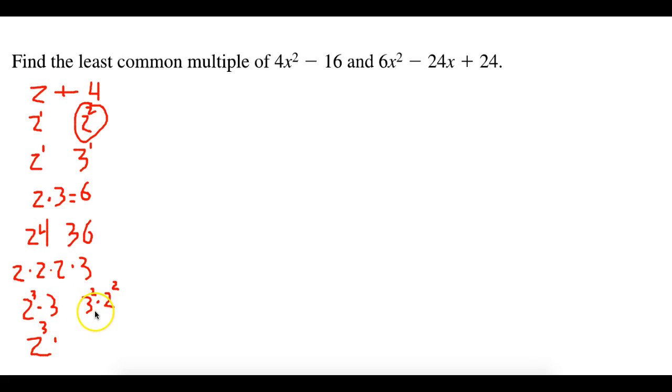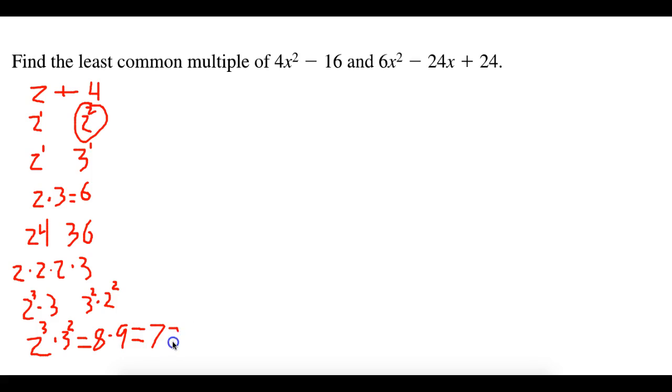We've got 3 to the first and 3 squared, so 3 squared is our highest exponent. Now we take 2 to the third, which is 8, times 3 squared, which is 9. So 8 times 9 gives us 72.